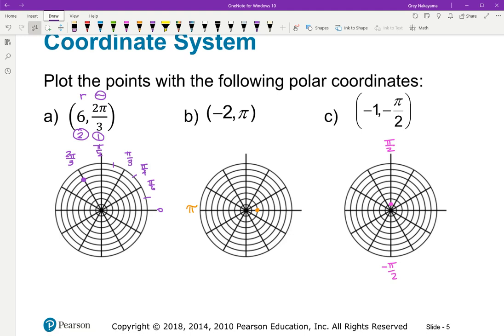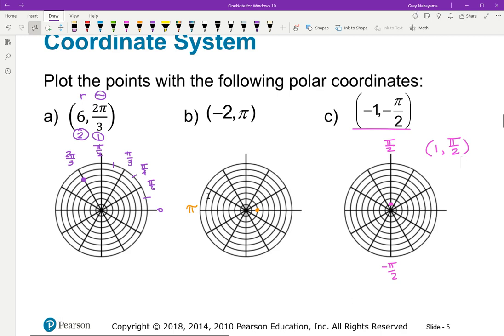Now, if you can see, I'm going to show you this. This point is called negative 1, negative pi over 2. But it could also be named positive 1, pi over 2. Because if I turned such that I was facing pi over 2 and walked out 1, then I'm going to be at the same place. Okay?